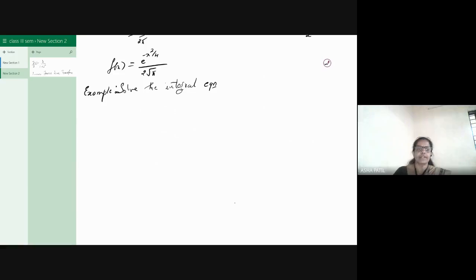The variables are different here. See that you will be taking the values correctly. Integration from 0 to infinity F of theta cos alpha theta d theta is equal to 1 minus alpha for 0 less than or equal to alpha less than or equal to 1, and it is 0 for alpha greater than 1.